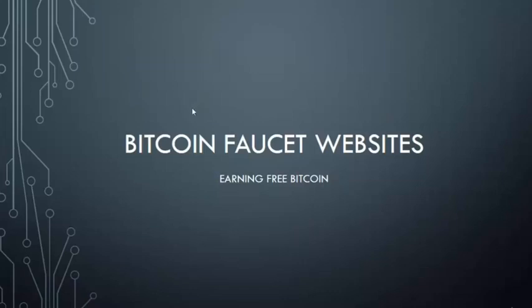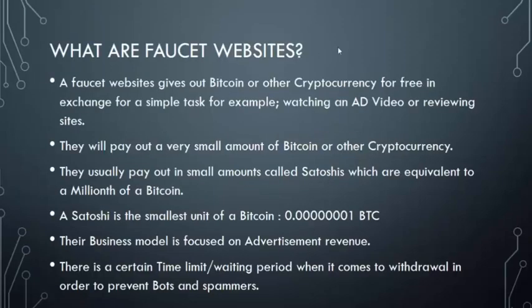So let me explain to you guys what a Bitcoin faucet website is. A faucet website is a website that will give out Bitcoin or other cryptocurrency for free in exchange for a simple task. For example, they could ask you to watch an ad video, or to review an application, a game, or a website, really just making you influence the advertisers that they are advertising for, in order to get ad revenue.